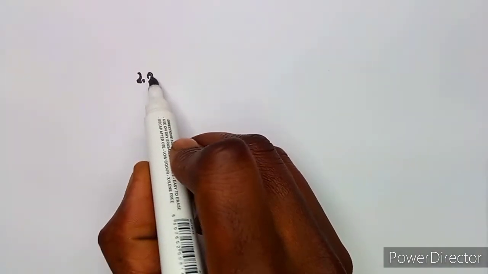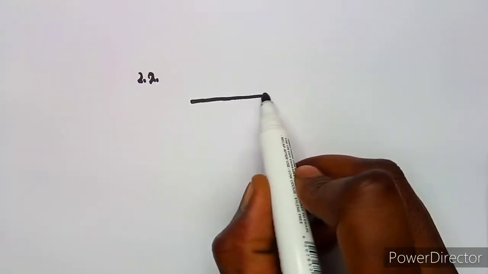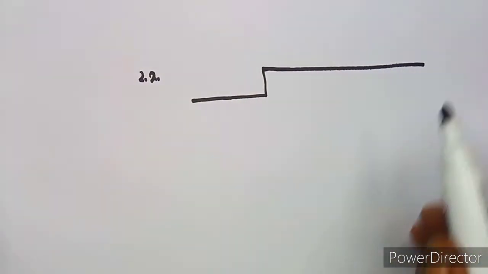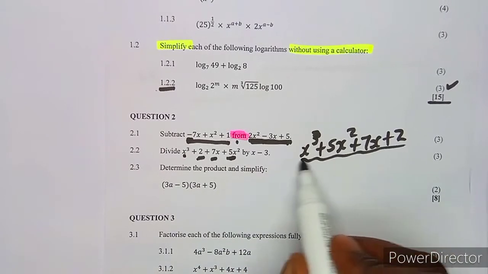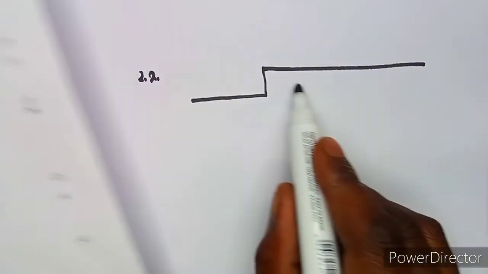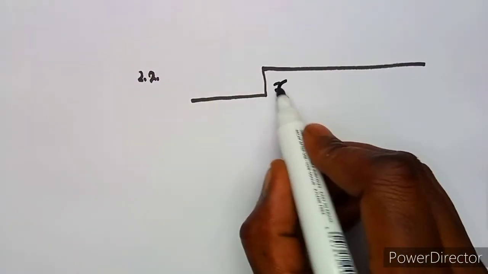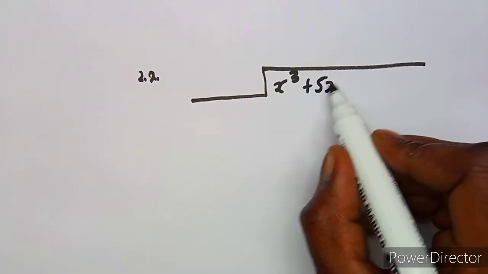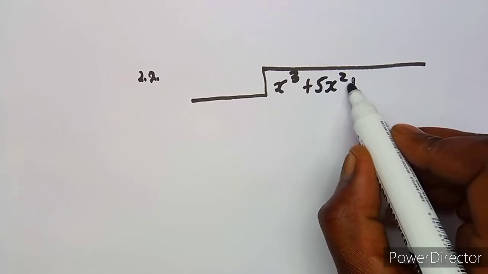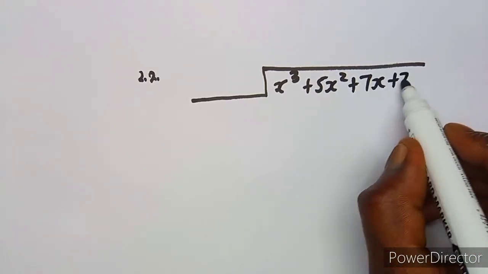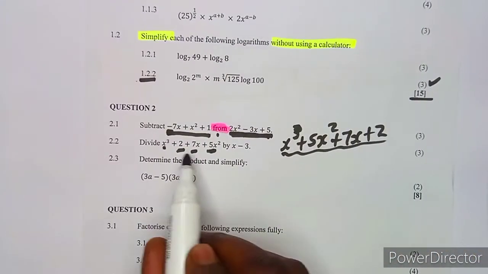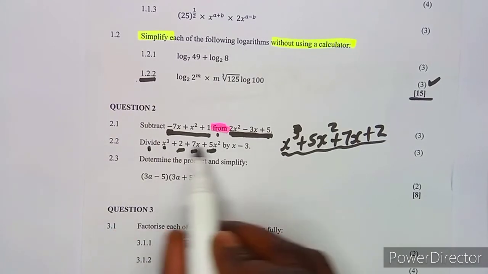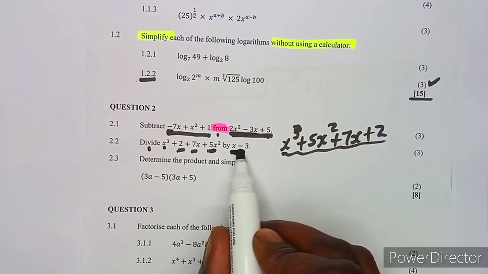That is 2.2. Remember, when you're applying long division, this part here is the one that you write inside this thing here. So it's going to be x to the exponent of 3 plus 5x squared plus 7x plus 2. Then the part that you're dividing with is the one that you write here.